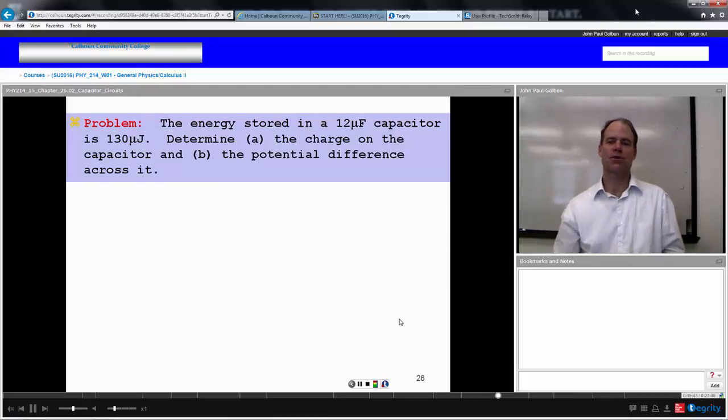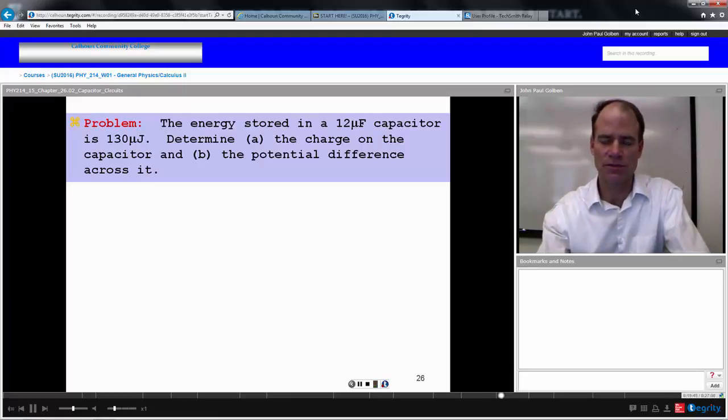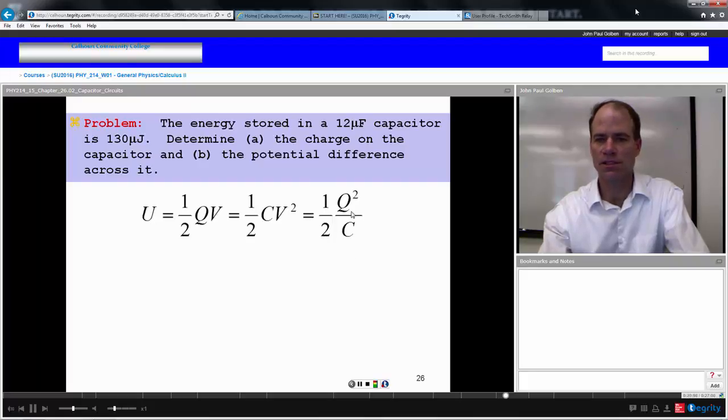The energy stored in a 12 microfarad capacitor is 130 microjoules. Determine the charge on the capacitor and the potential difference across it. Well, we know the capacitance and we know its energy, so we can solve for the charge. We know that the energy stored is 1/2 charge squared over capacitance.